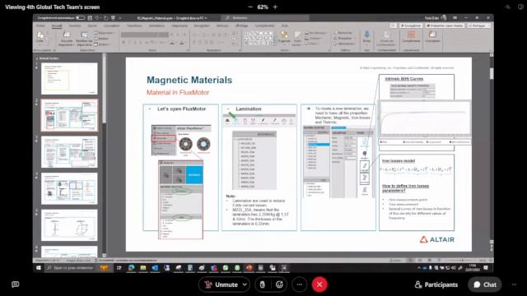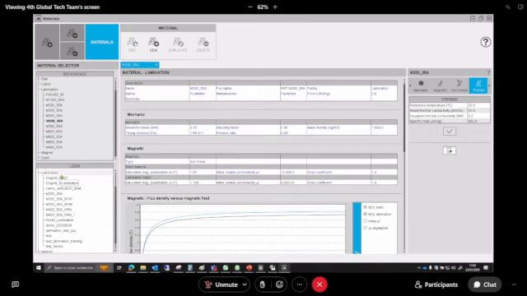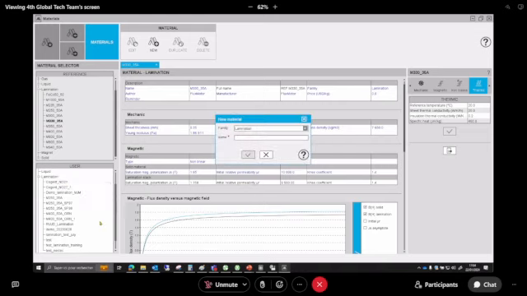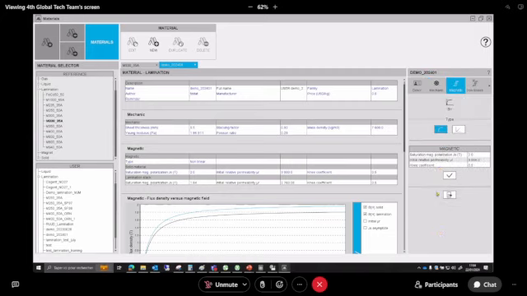So to create a new lamination, once again, it is in the user lamination, and you can create your own lamination, but you need to have the material characteristics. So if I make new and I will call it demo, then the mechanics, I do have the characteristics, magnetics.